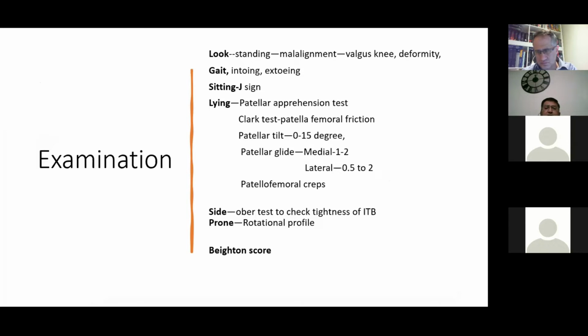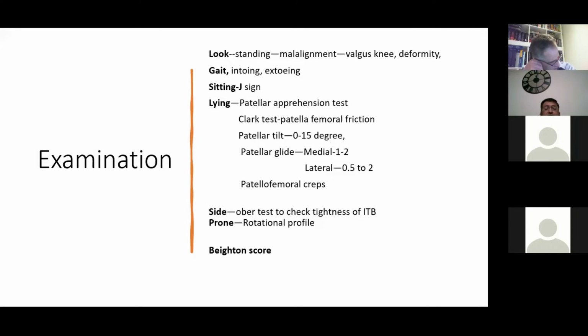Then we'll check the gait, where the important thing to see is an in-toeing or out-toeing gait. Then we'll ask the patient to sit and check for the J sign, that is patellar tracking. Then we'll ask the patient to lie down, and we'll do the full examination of the knee.